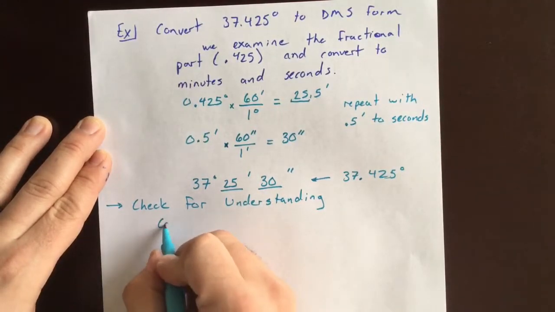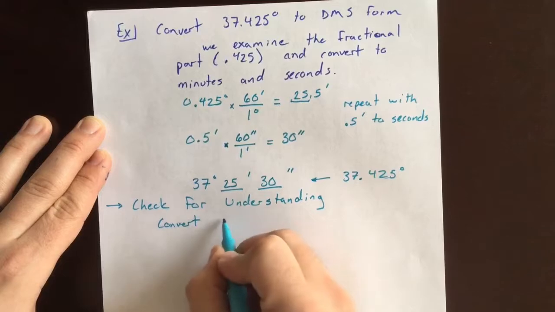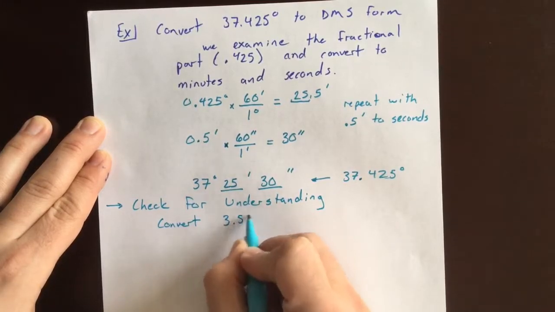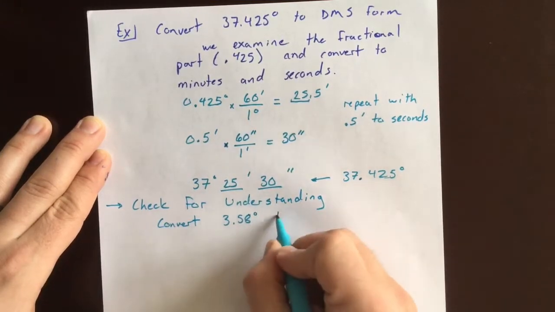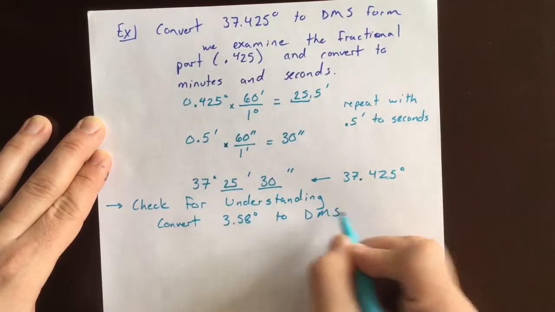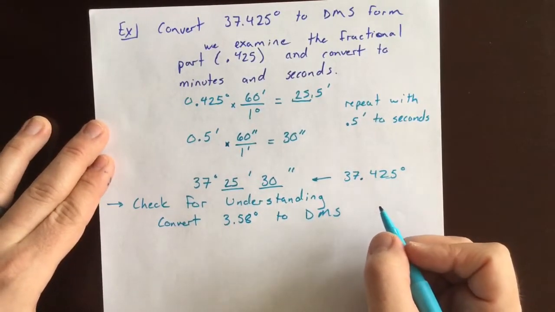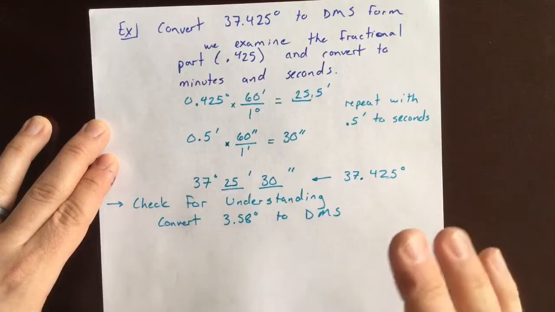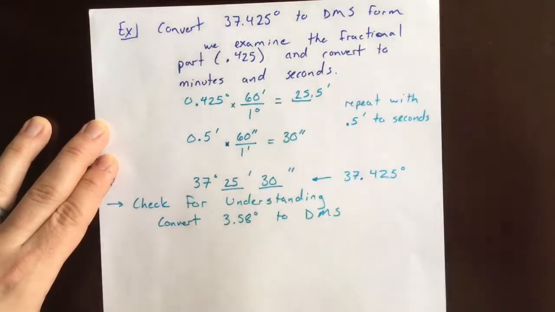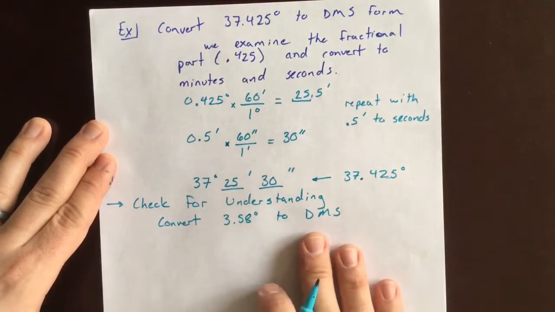So let's say I want you to convert 3.58 degrees to degrees, minutes, seconds. So pause the video. Using the example I provided, go ahead and do this.